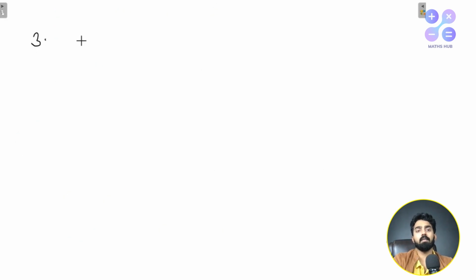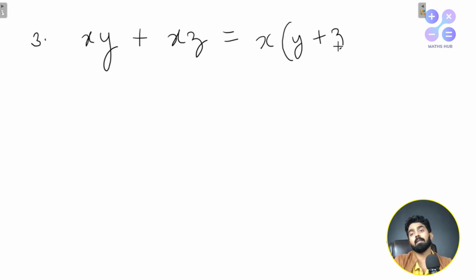So in this property, if you have two products like xy and xz, you will be able to factor out the x, add the other two first, and then multiply later. This will be really handy in certain cases when you have to perform some difficult calculations.